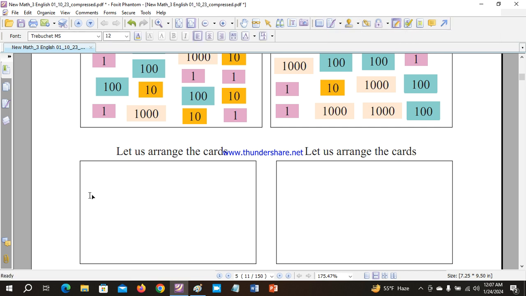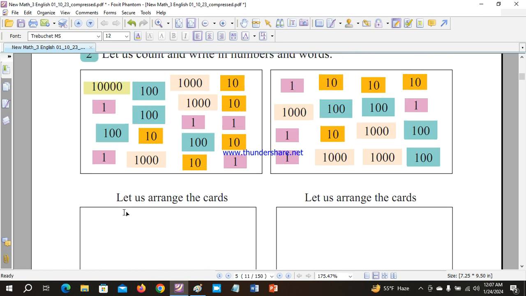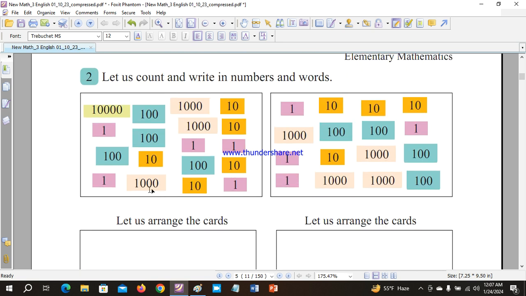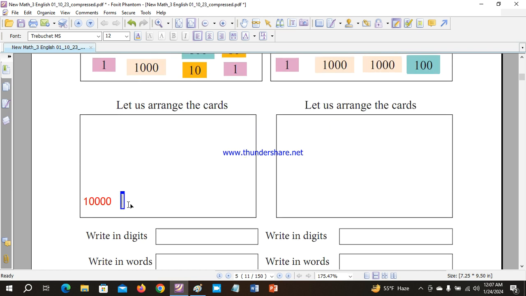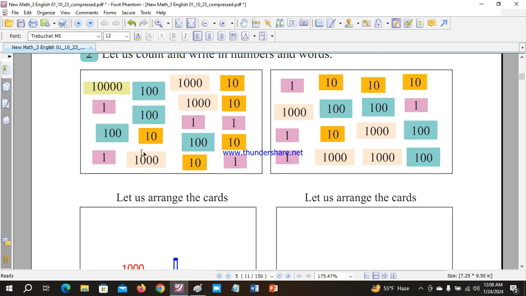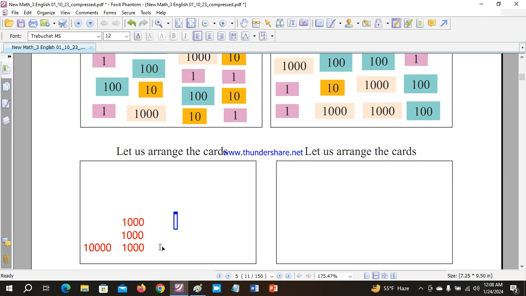Only 1 ten-thousand, and there are 1 2 3, three thousands, and hundreds 1 2 3 4. There are 4 hundreds.